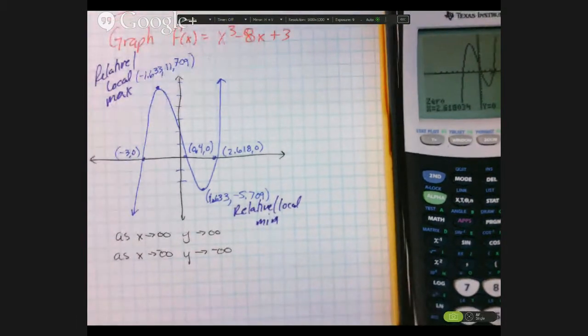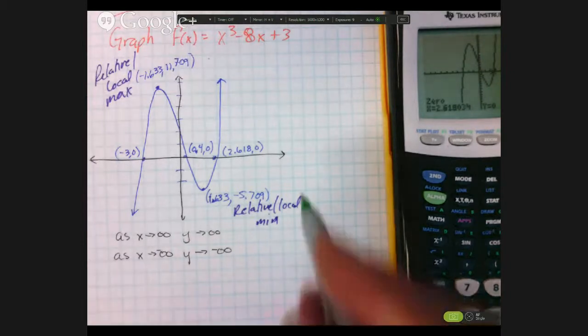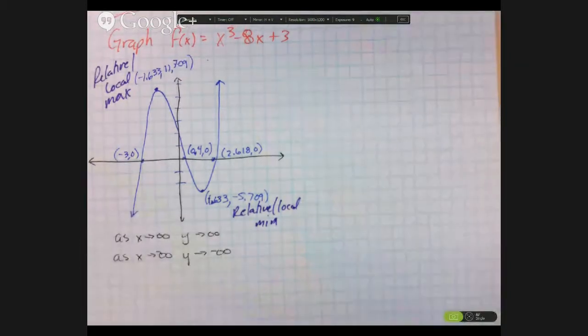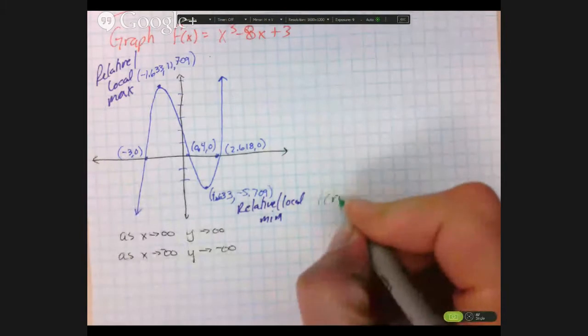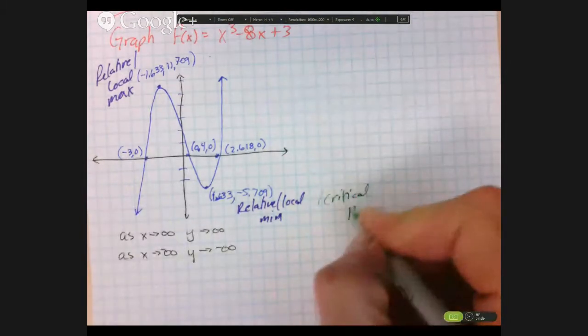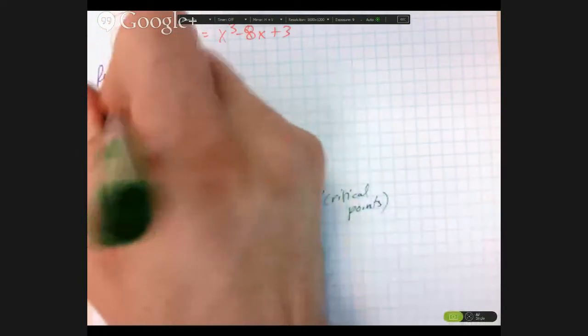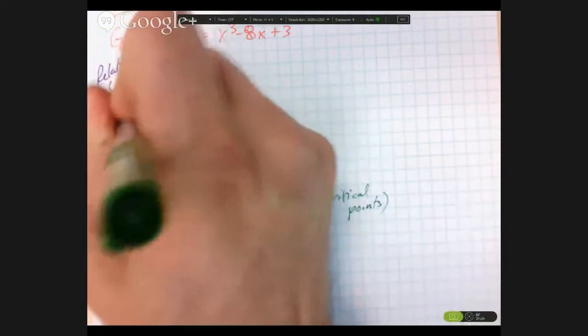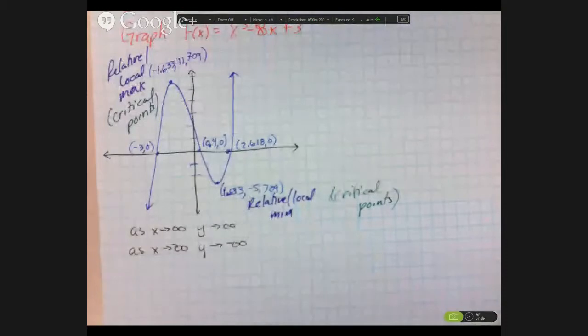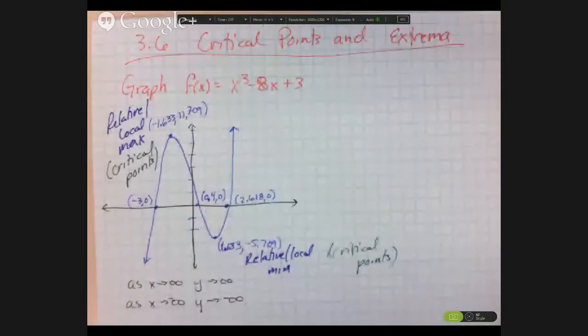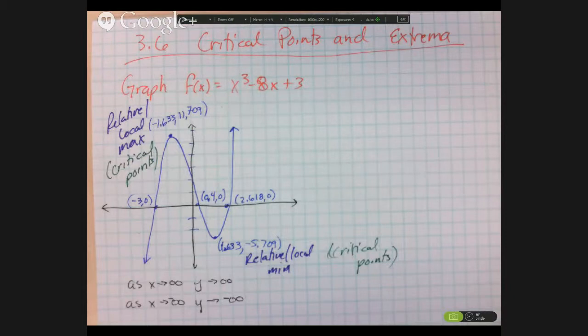Those are what we call extrema in calculus. So you might get to the homework and it says find the critical points. What you're looking for are the maxima and minima. Those are critical points. There's a reason they're critical.